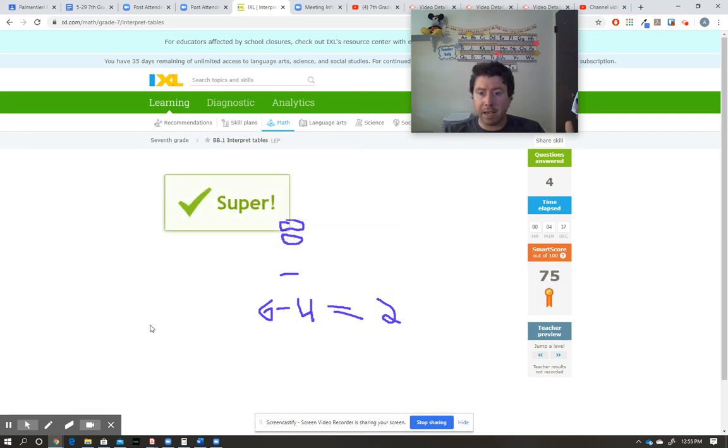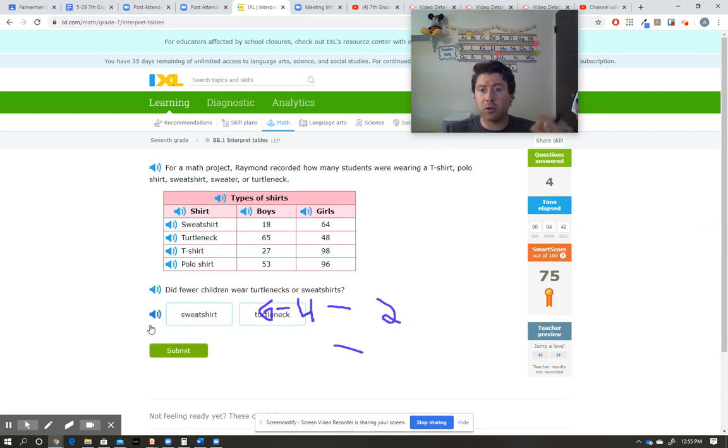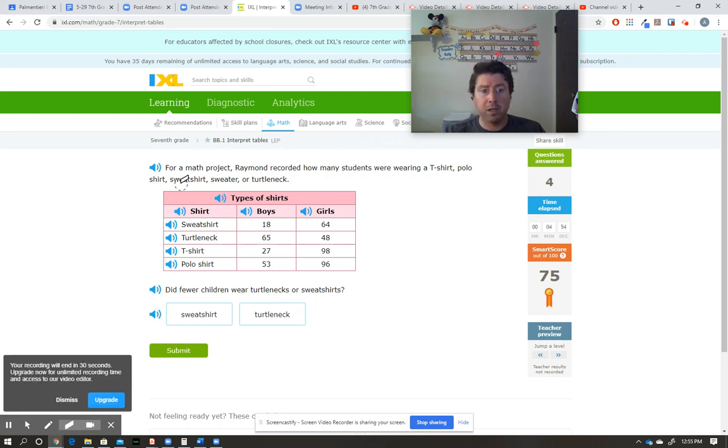When you get past the first medal, they're going to start asking you questions where you have to either subtract or maybe add. Sometimes they're going to throw in one like this. For a math project, Raymond recorded how many students were wearing a t-shirt, polo shirt, sweatshirt, sweater, or turtleneck. Did fewer children wear turtlenecks or sweatshirts?